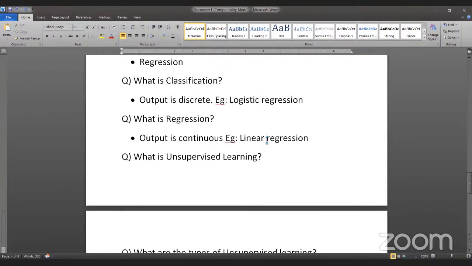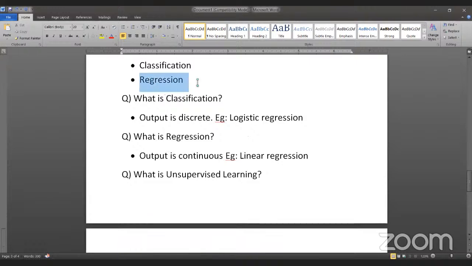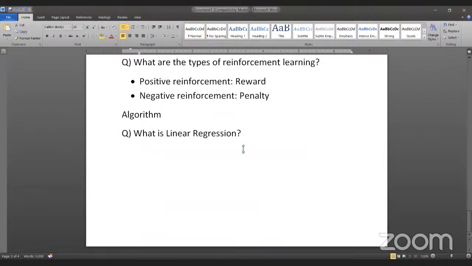We already know what regression is: we have a continuous output. So what is linear regression?